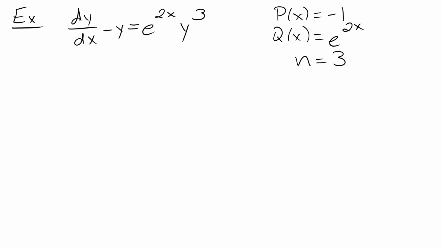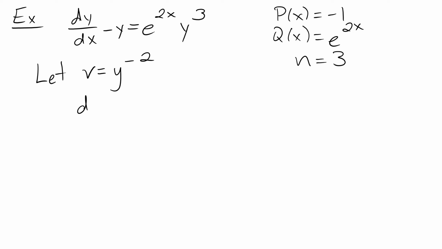All right, now how do I solve this? Well, I'm going to let v equal y to the 1 minus n, but 1 minus 3 is -2. Now I'm going to skip to step 5.